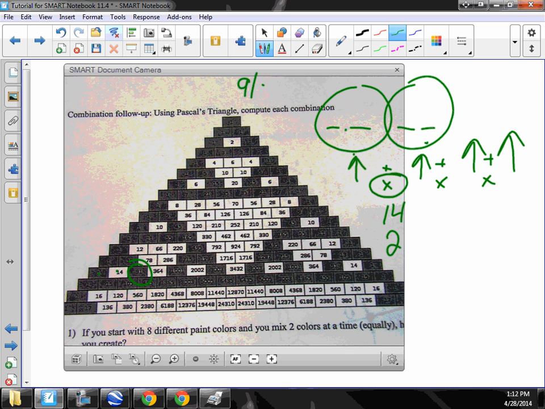So I go 12, 0, 1, 2. 66, and night 3. 10 choose 2. So 10, 0, 1, 2 times 45. And then 8 choose 2, which is 28.